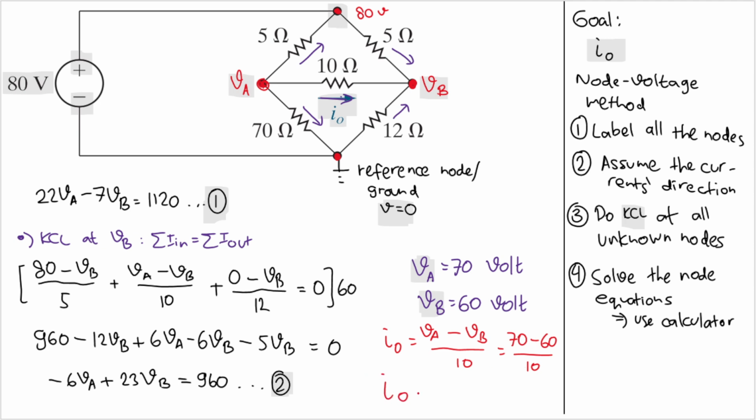So I will have I0 here is equal to 1. And how about the unit? Because this is in volt, this is in ohm, this will be in ampere. Right? So we will have this is the final answer of this problem. So I0 here is equal to 1 ampere. And that is our final answer for this problem.